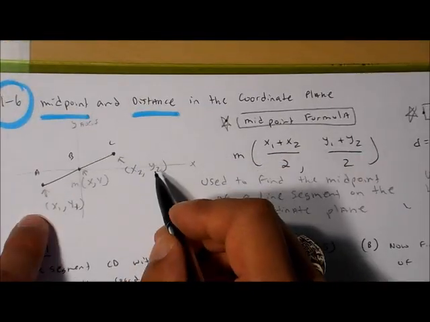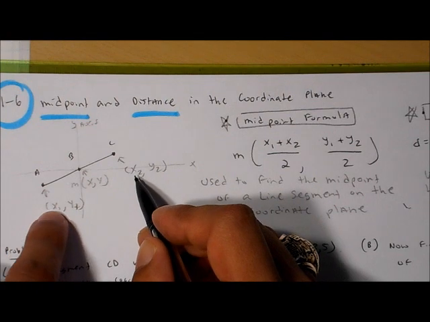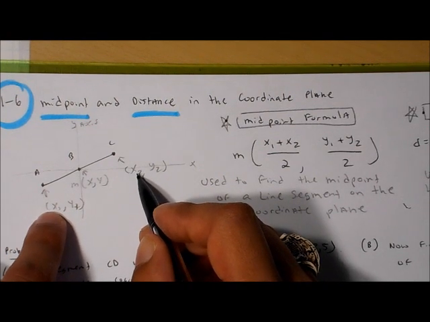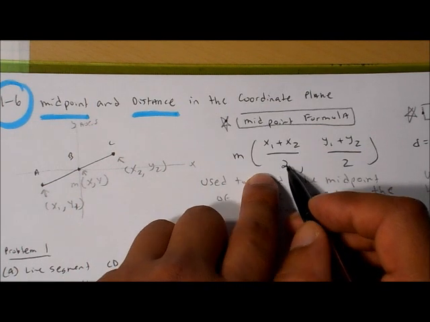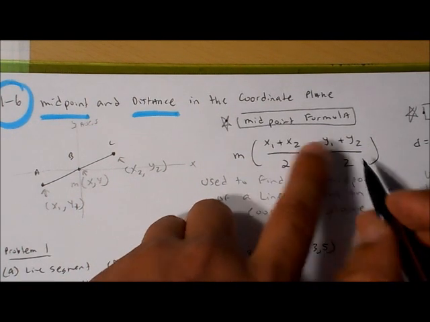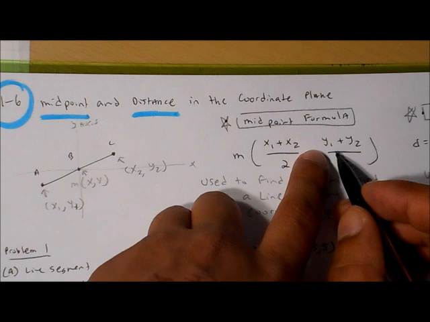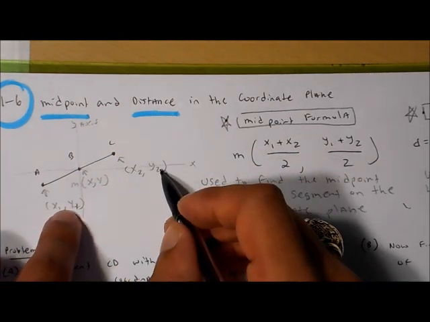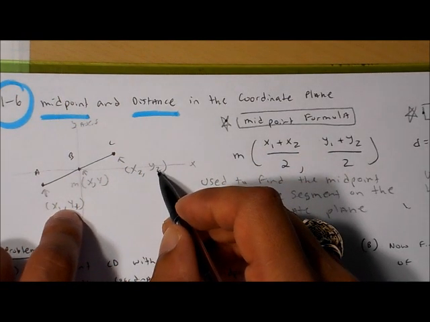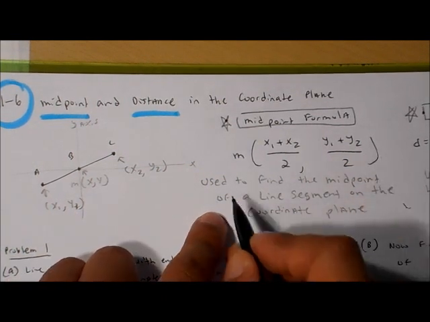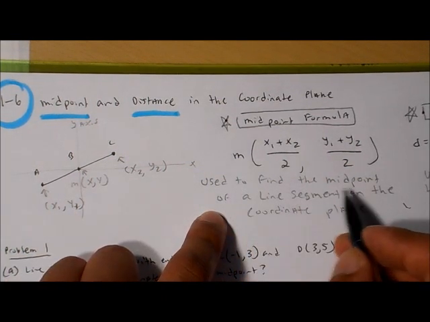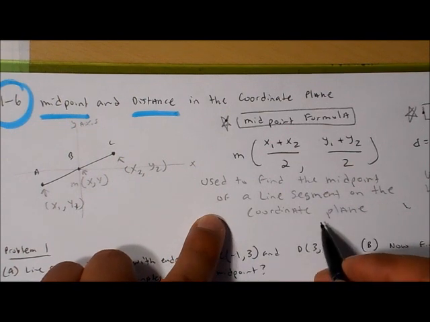Now all we're doing here is taking both x coordinates of both endpoints and taking the average of them. So we add them both together and just divide by 2. Now we do the same thing for y1 and y2, which are the y coordinates of both of our endpoints. Now we just take the average of both of those. And so using this, we find the midpoint of the line segment on the coordinate plane.